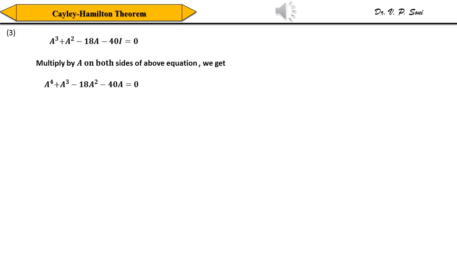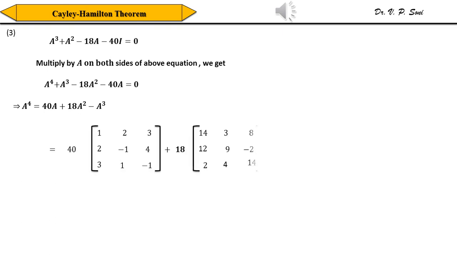Now make A raised to 4 the subject, then we get A raised to 4 equal to 40A plus 18A square minus A cube. Therefore, 40 into matrix A plus 18 into matrix A square minus A cube.